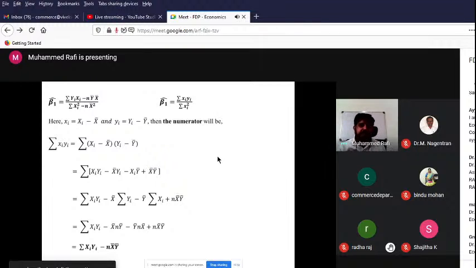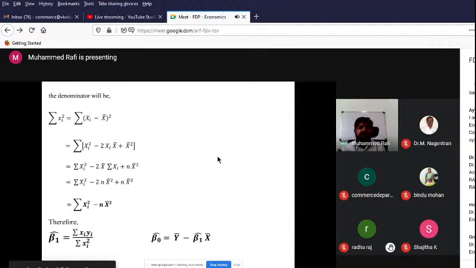Both are similar. Here you can see that when we expand the numerator, the numerator in both these equations is the same. And when you expand the denominator, this is also the same. So what the ordinary least square method is doing is trying to minimize the residual sum of square with respect to beta 0 and beta 1 cap, which will give you the best fit line.